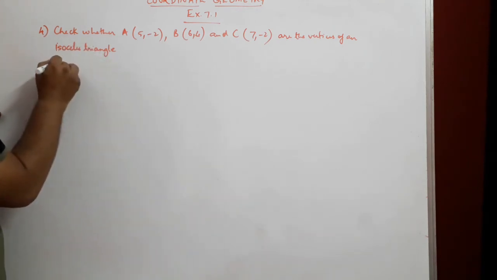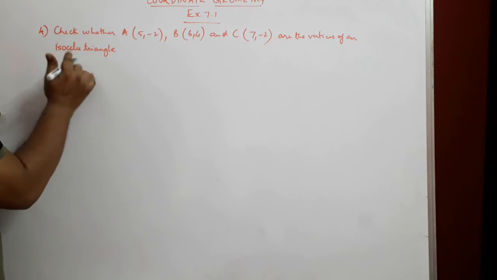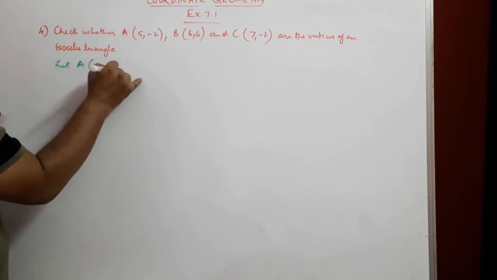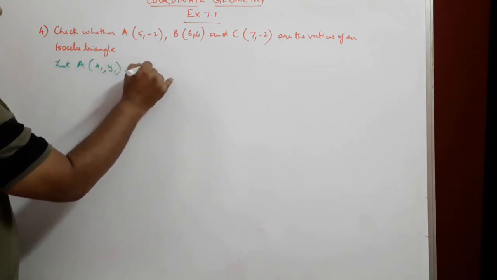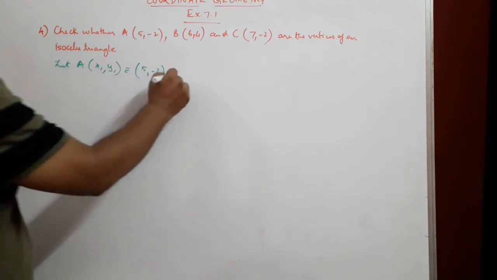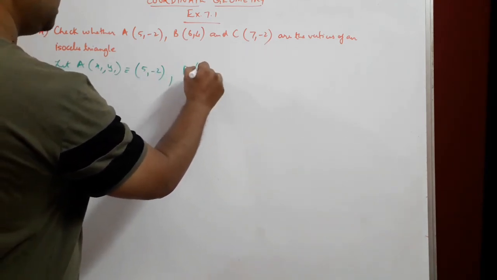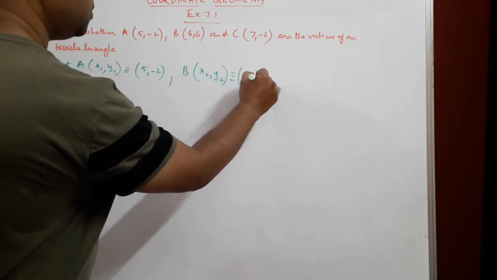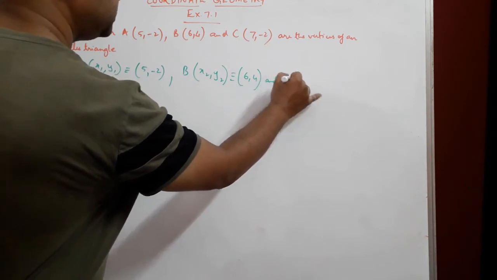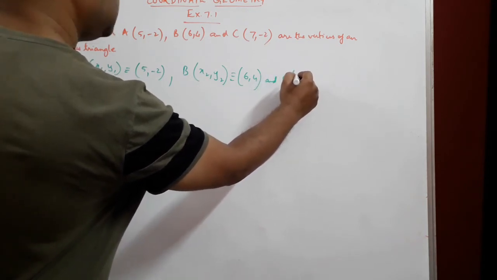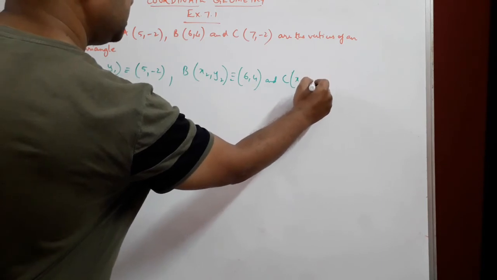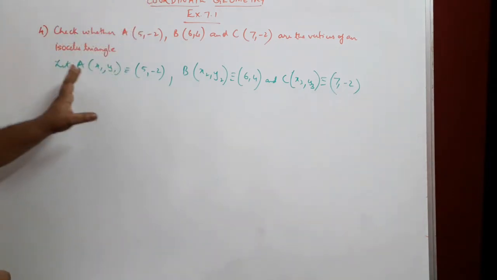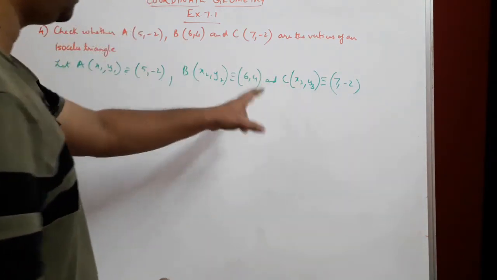Okay, so let's begin, so we can say let A x1 comma y1 correspond with 5 comma minus 2, then B x2 comma y2 correspond with 6 comma 4, and C x3 comma y3 correspond with 7 comma minus 2.